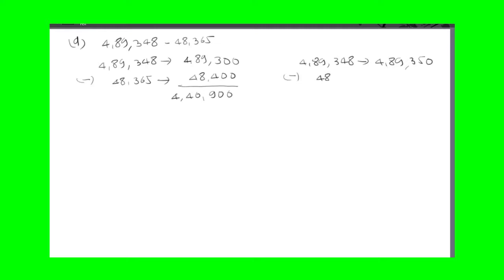Minus 48,365 becomes 48,370, and on subtraction we get 4,40,980.